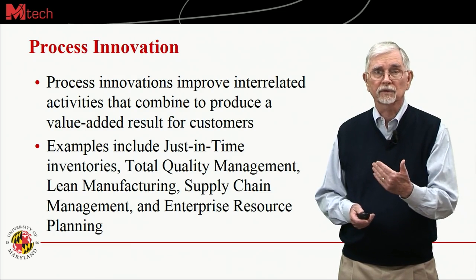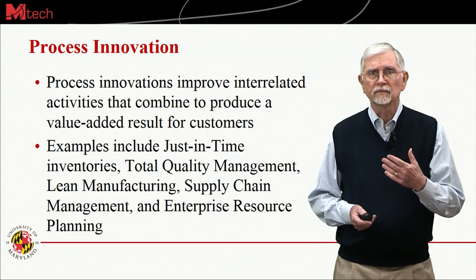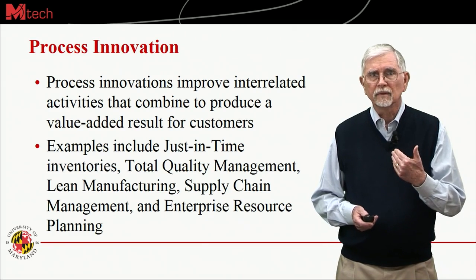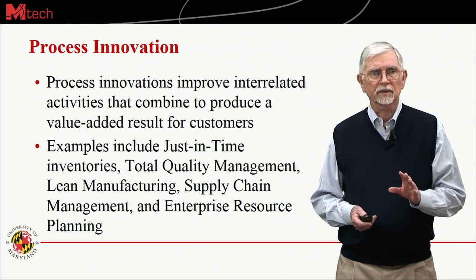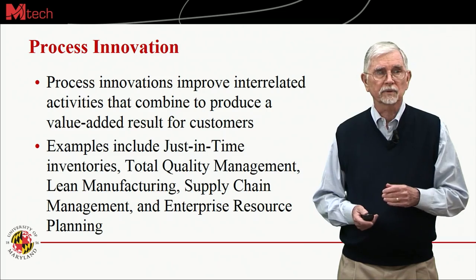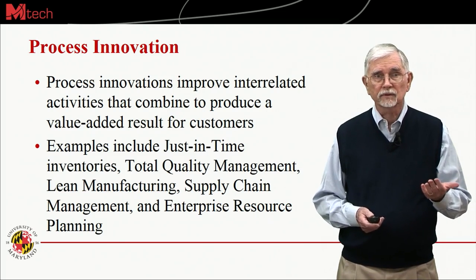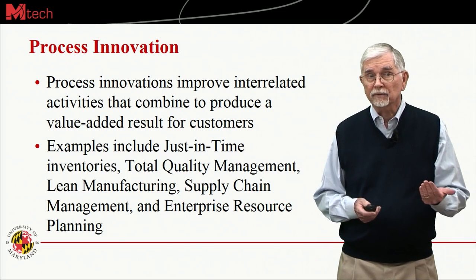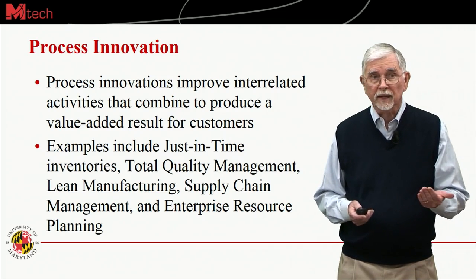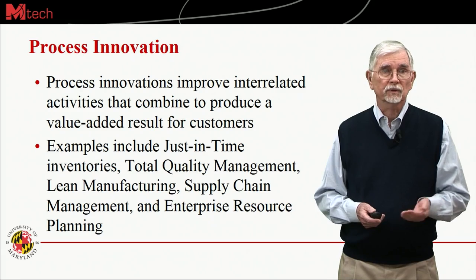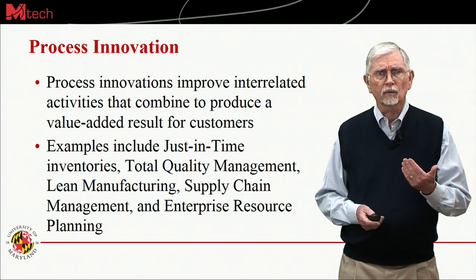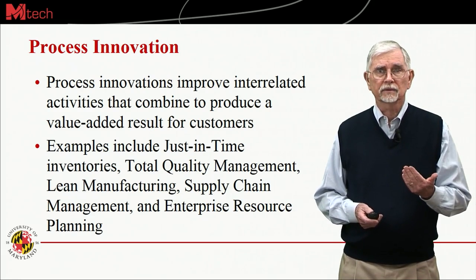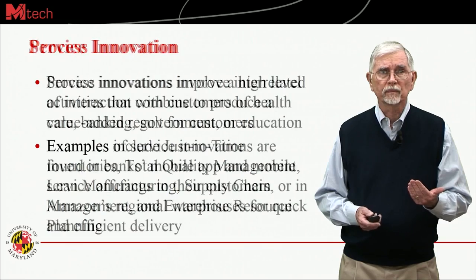They're not selling that to somebody, but they are making that improvement and causing a positive change. Some examples are just-in-time inventories, total quality management, lean manufacturing, supply chain management, and enterprise resource planning. These are big categories, but they often are ways in which process innovations show up.